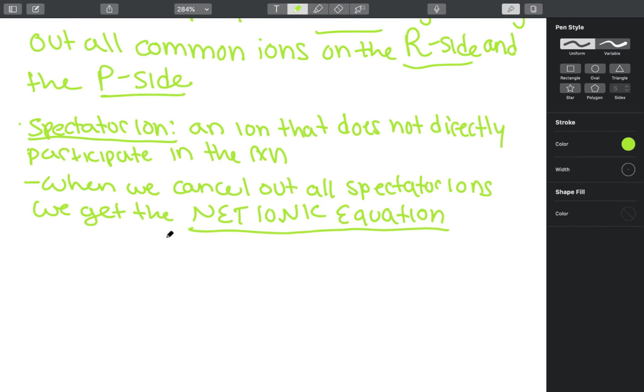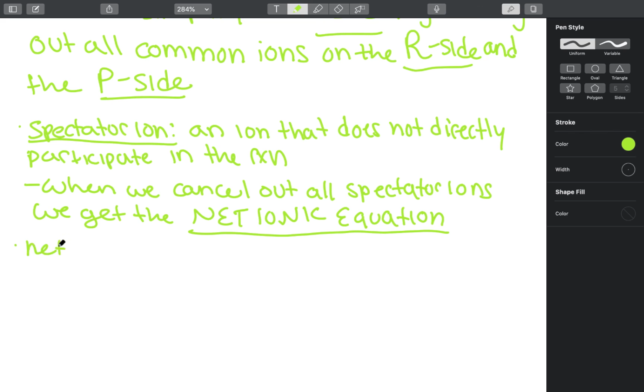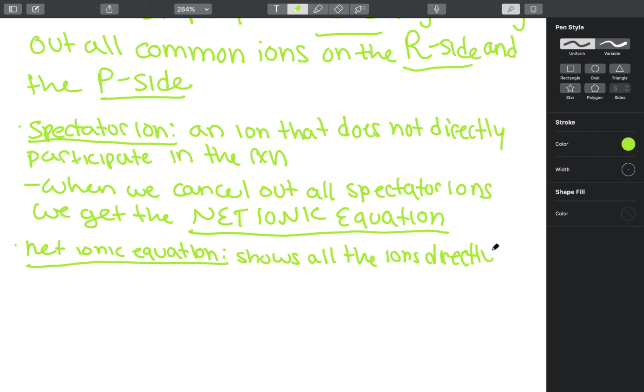And the net ionic equation shows all the ions directly involved in the chemical reaction. So it shows all the ions directly involved in the chemical reaction.